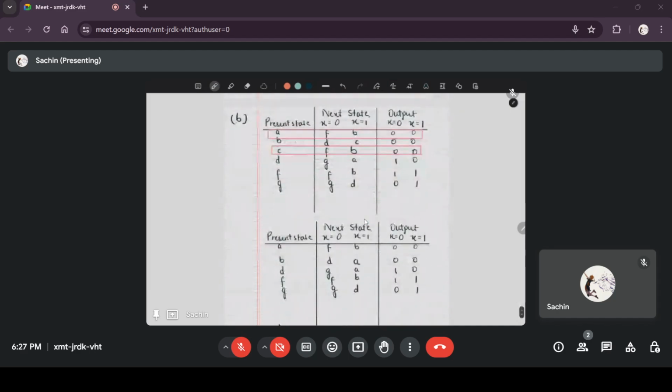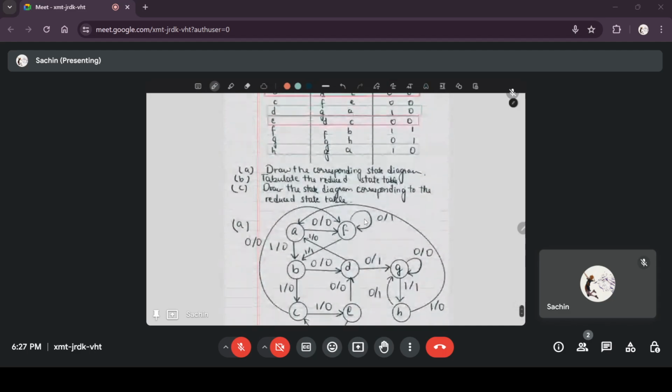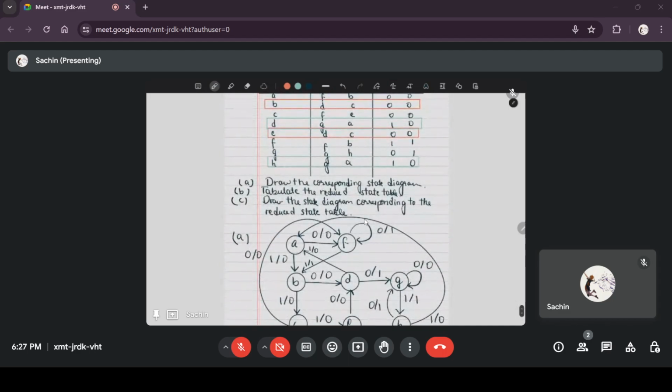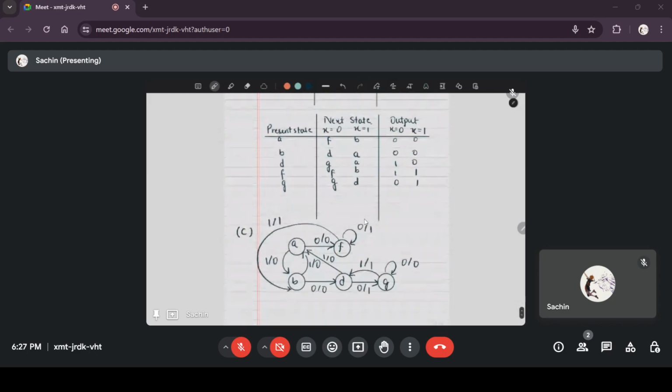So there are far fewer states. There are three states less than the state table before reduction.